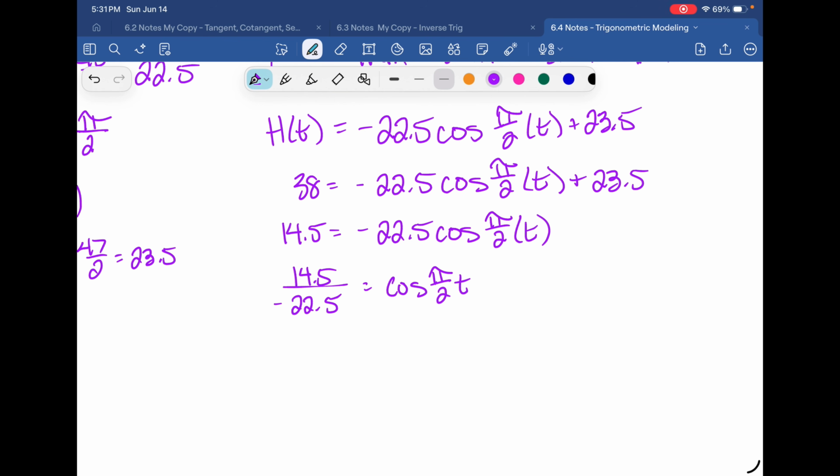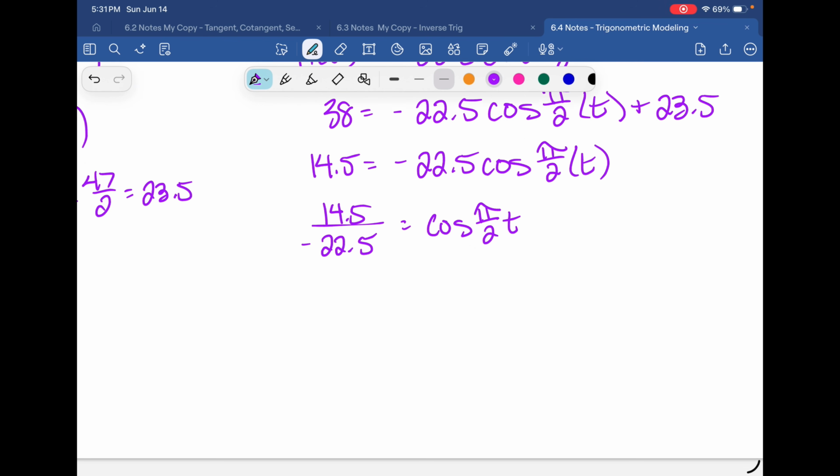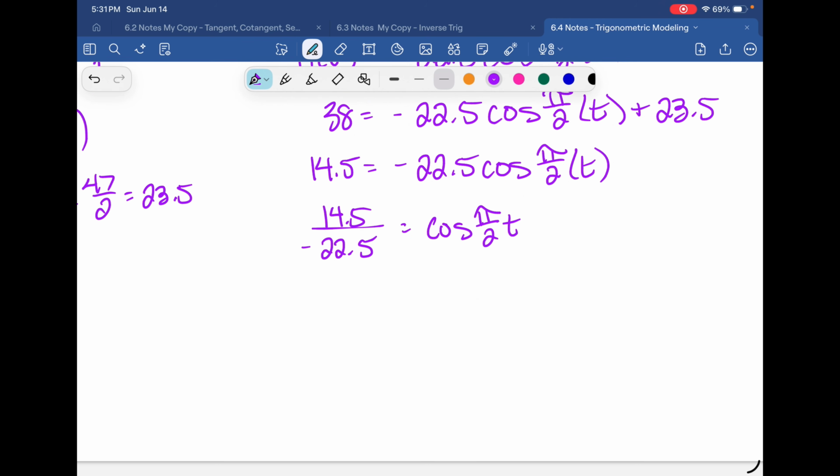All right, now I'm going to take the inverse cosine because I want to get the pi over 2 t out. So inverse cosine. All right, and then I'm going to multiply by the reciprocal of pi over 2, which is 2 over pi.